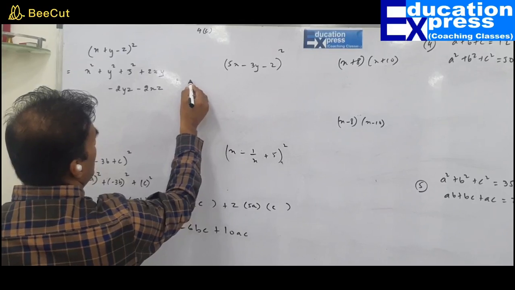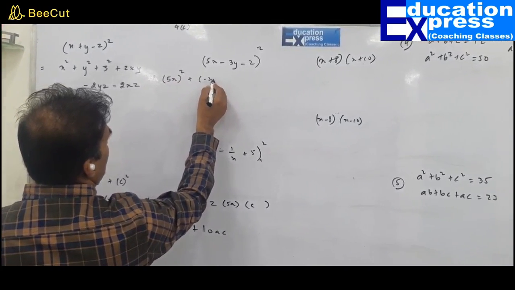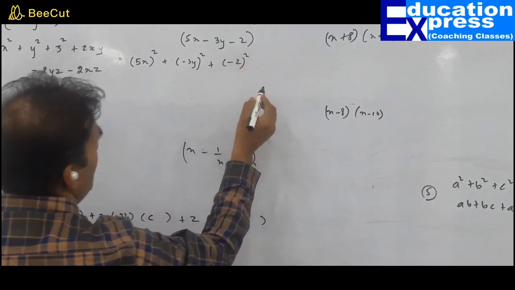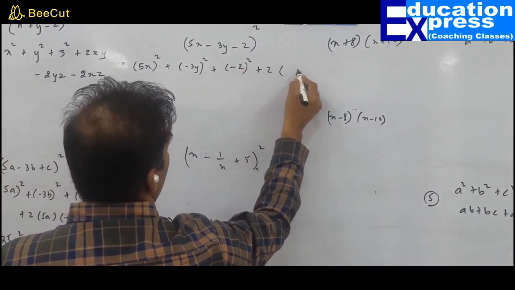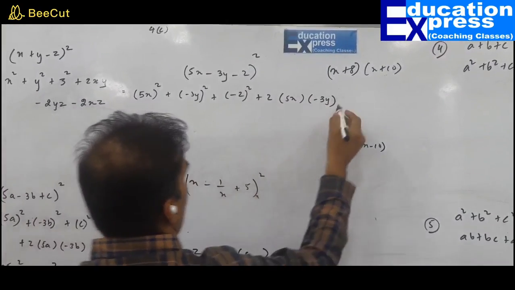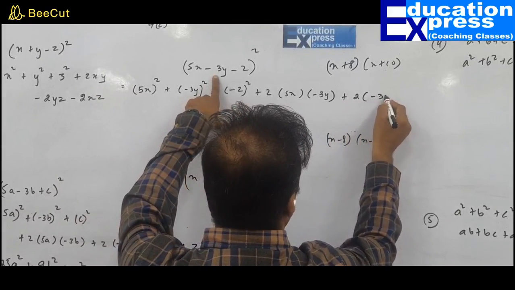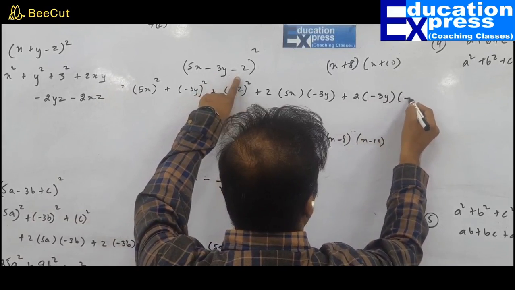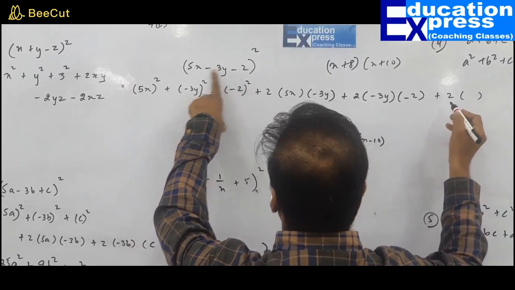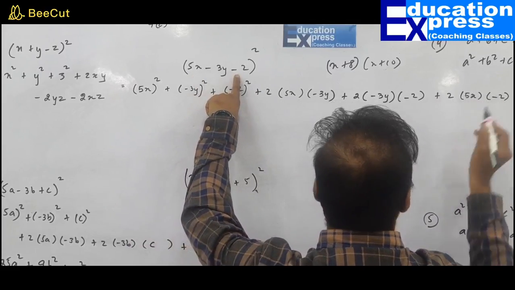How do we go about? 5x A square plus B square plus C square plus 2 into A into B plus 2 into B. What is that place of B? Minus 3y into C minus 2 plus 2 into A, which is 5x into C, that is minus 2.